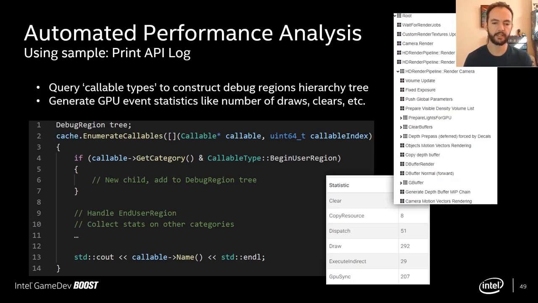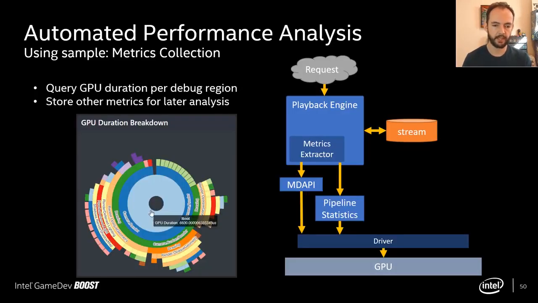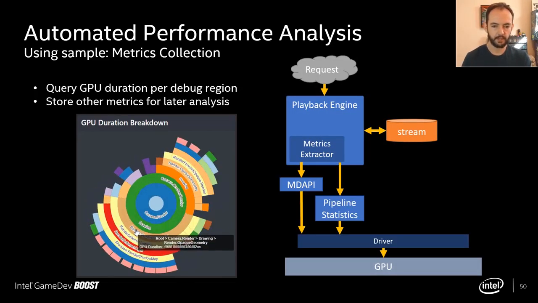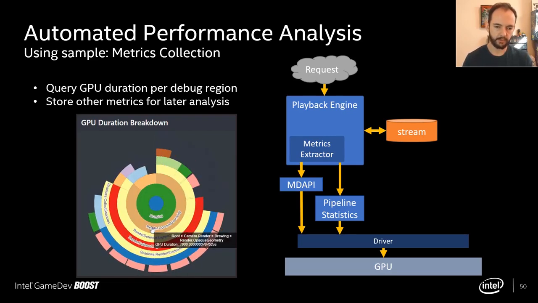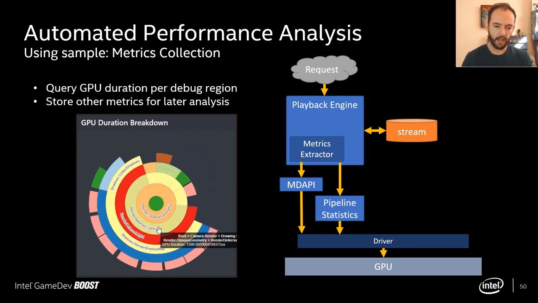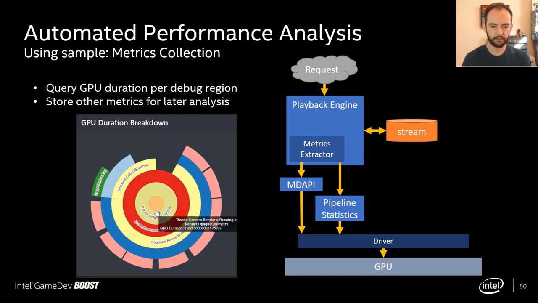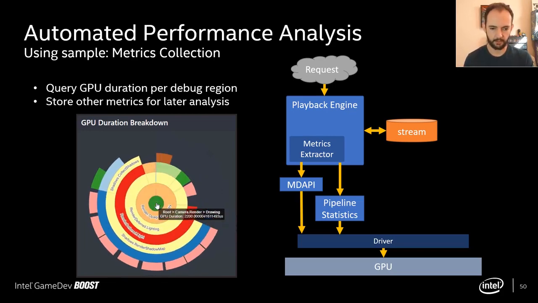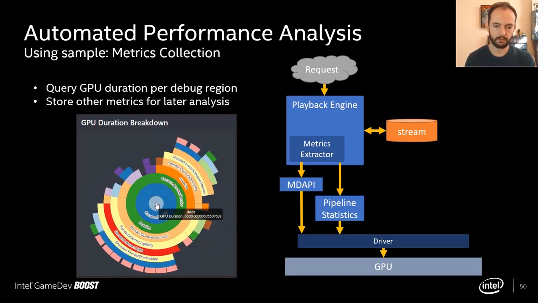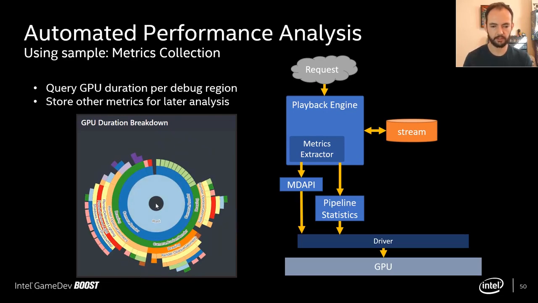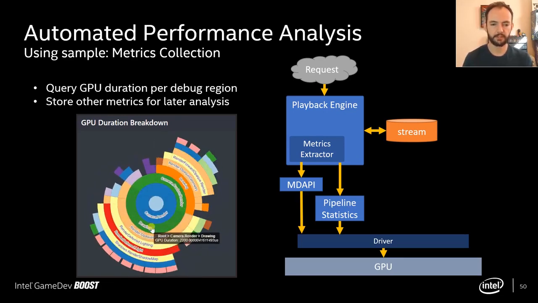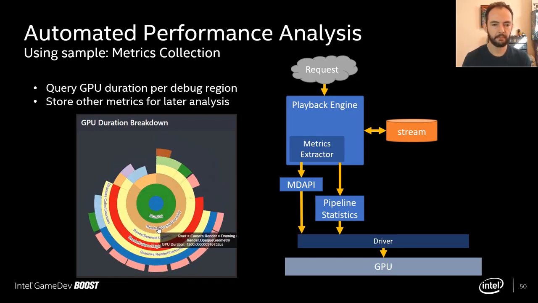And that allows us to create this flame graph type thing that allows you to see, with true GPU duration, how much each one of these debug regions, which are the different passes or whatever, takes in relationship to the parent and in relationship to the frame, and then you can see what are the most expensive regions in your particular frame.